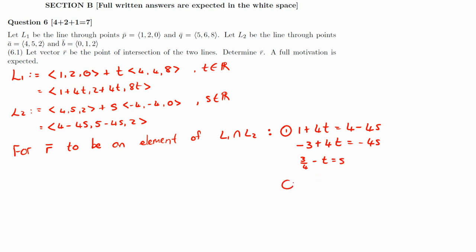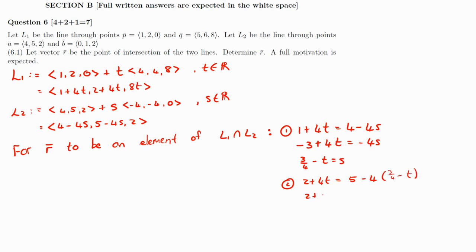So for our second component, we have 2 plus 4t is equal to 5 minus 4 times s. But now we have something for s. We have this. Okay, 4 times s. Let's substitute it correctly. 3 over 4 minus t.